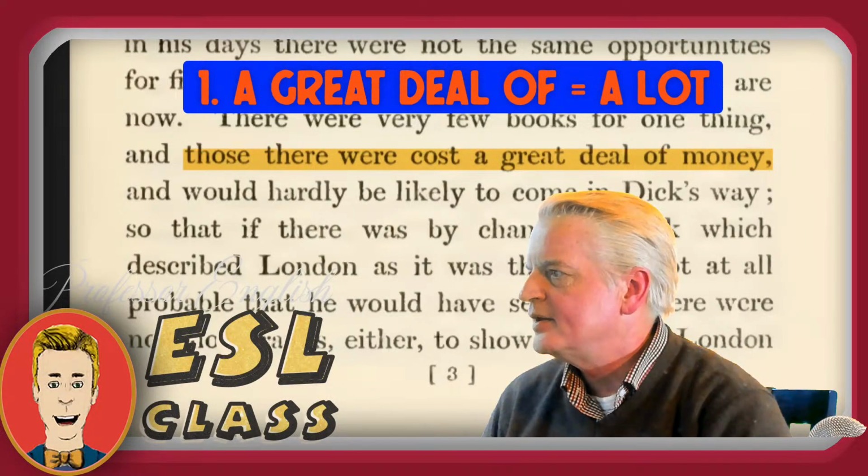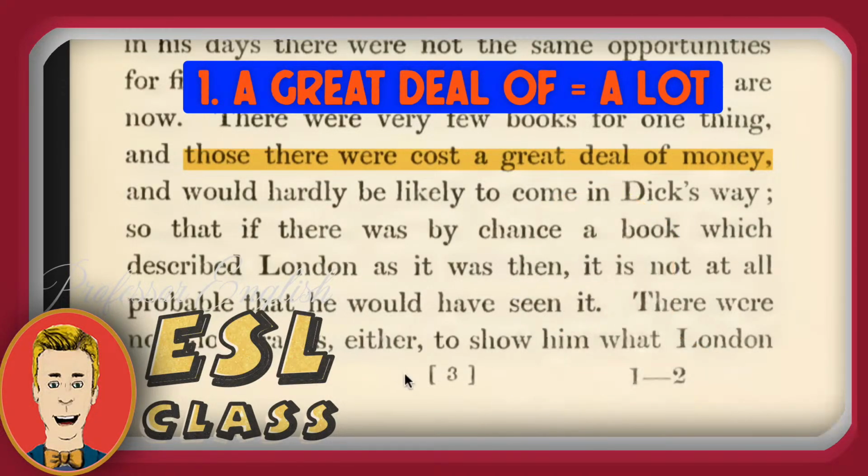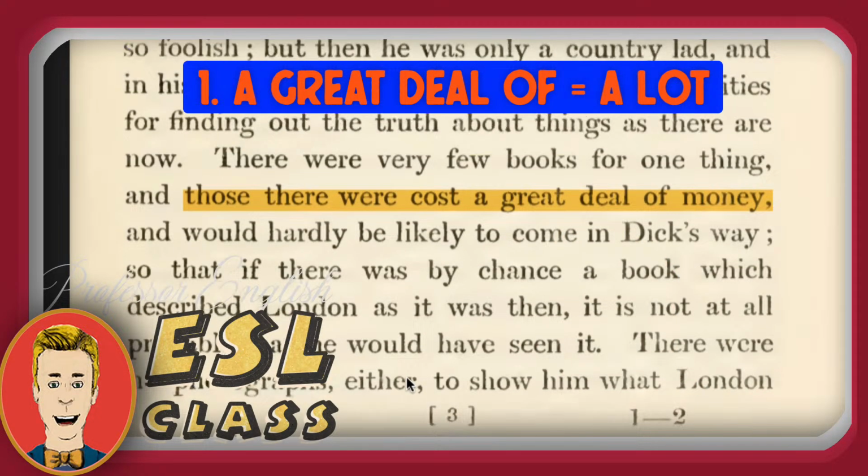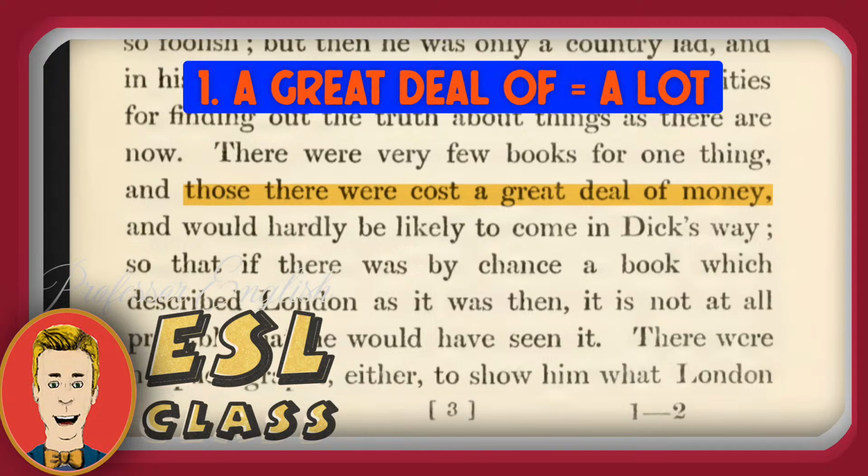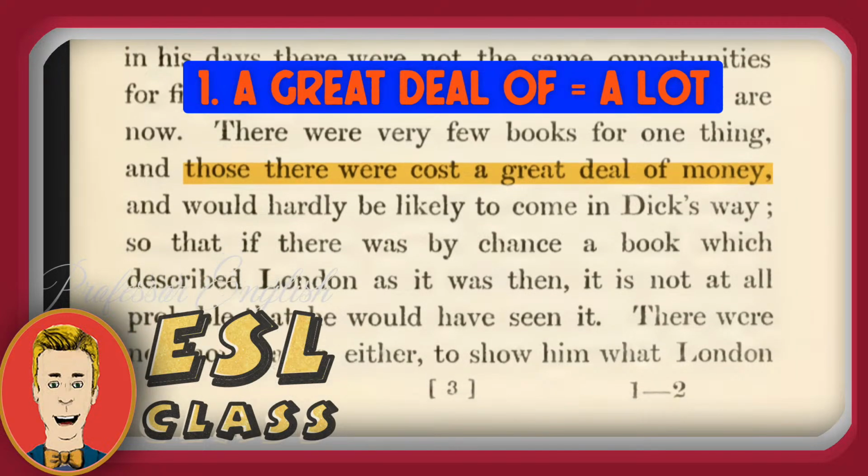Let's just go back to the book here. It says, there were very few books, for one thing. So there were not a lot of books. And those that were, cost a great deal of money. So there weren't many books, and the books were very expensive. They cost a great deal of money, a lot of money, and would hardly be likely to come in Dick's way.